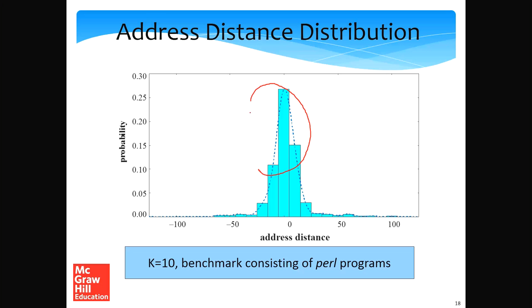And if I consider this region, then roughly, 10 plus 25, 35 plus 15, roughly 50%, more than 50% of the accesses are within an address distance of plus or minus 25 bytes, right?